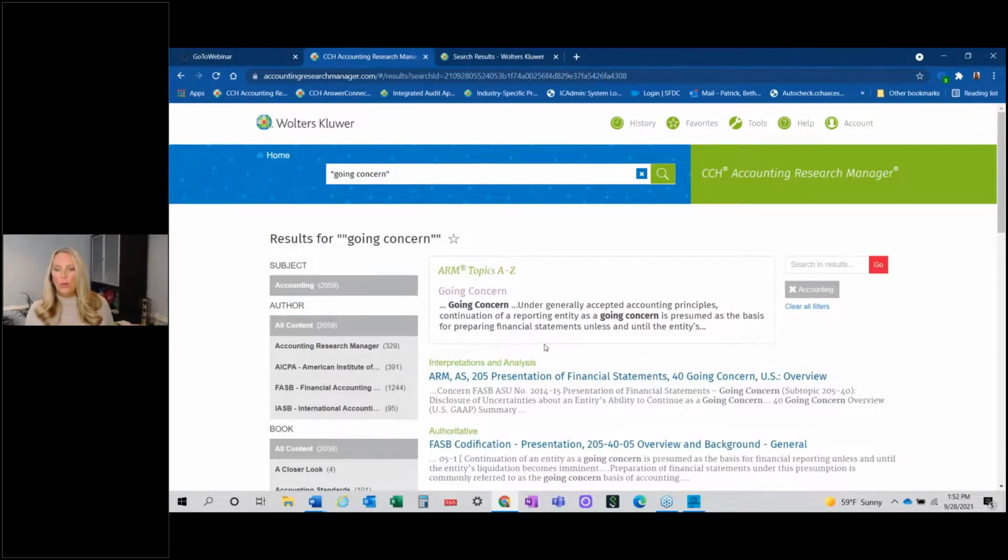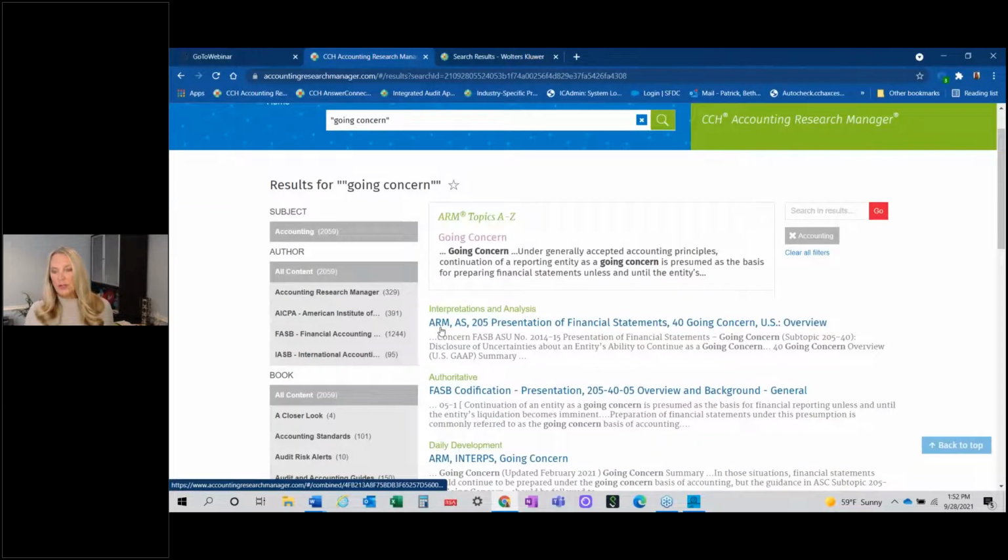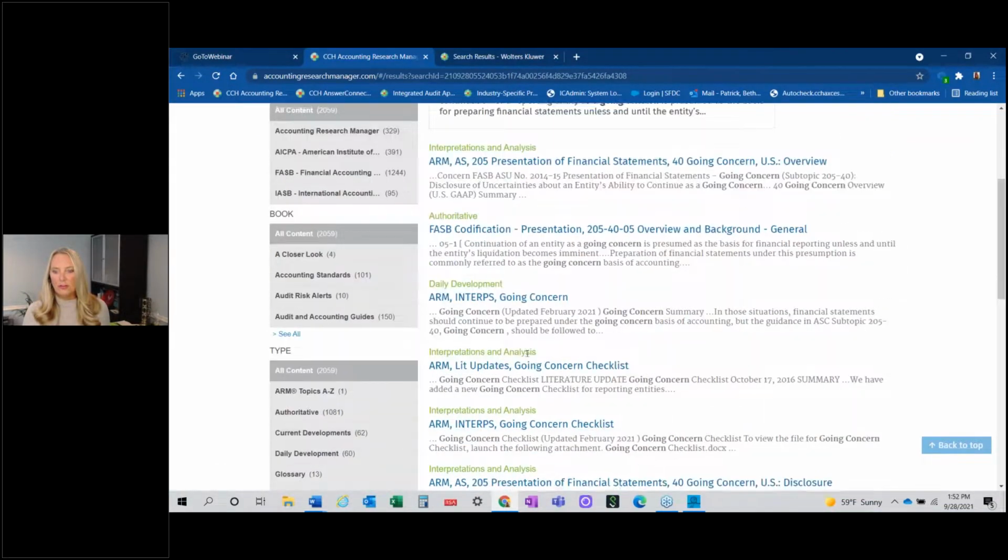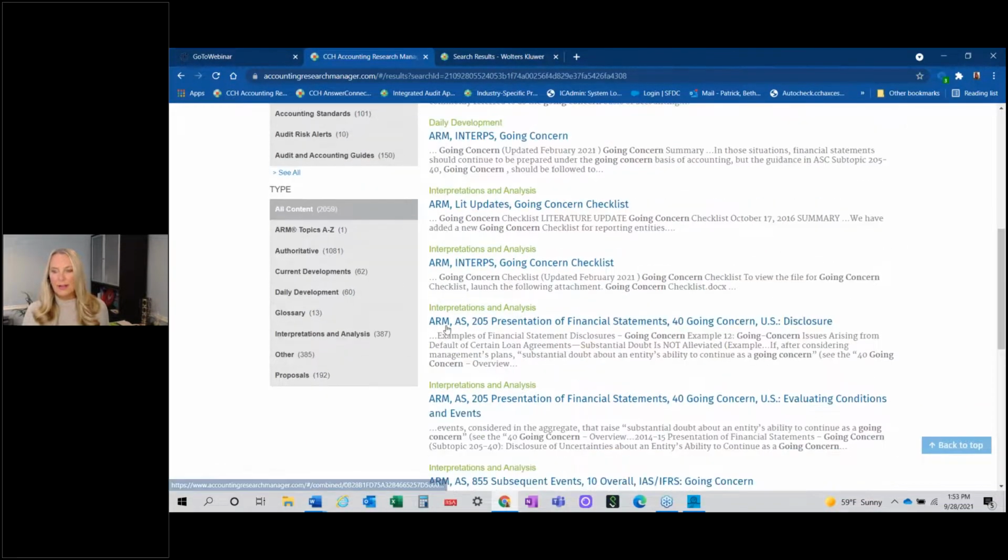Remember I was showing you Accounting Research Manager going into the standards 205. I see that topic, going concern. So I'm going to go ahead and look through these. And I always tell our customers, look for these hits that start with our acronym.